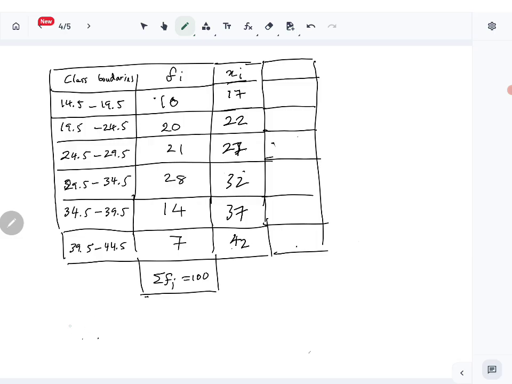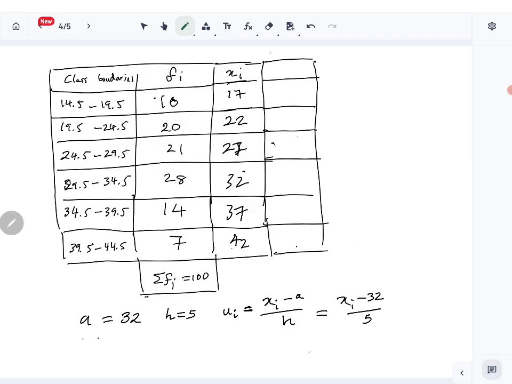Okay, so we have to assume the mean to be what? 320,000 means 32. The assumed mean is 32. Class size is 5, so we'll use the step deviation method. We define ui as xi minus a over h, so that would be xi minus 32 over 5.